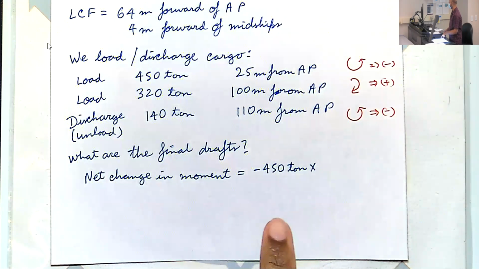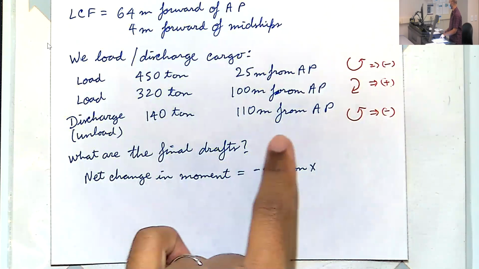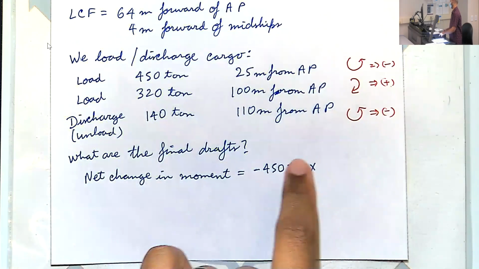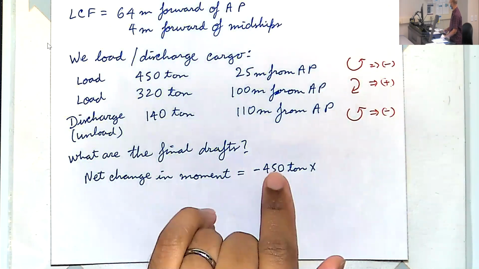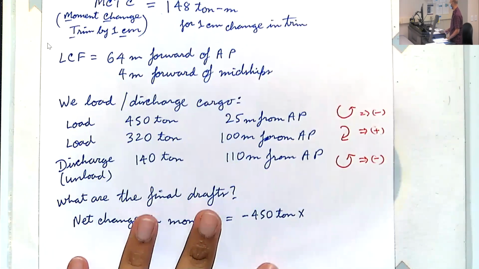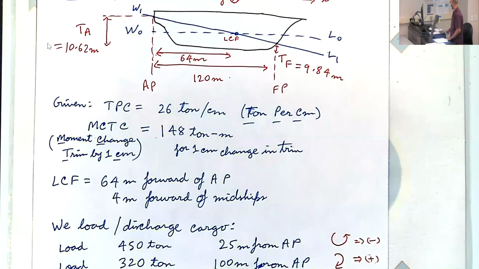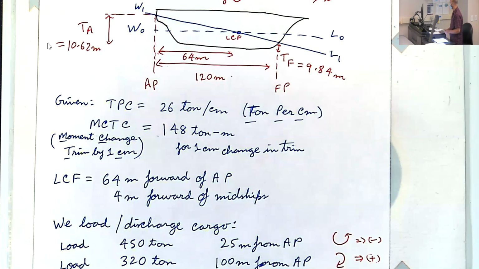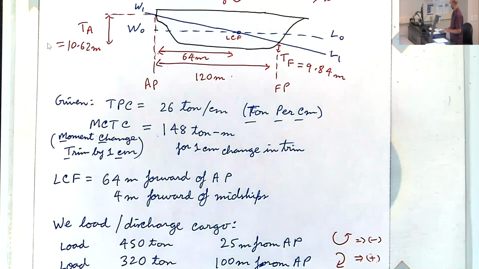We need force times moment arm. You could change this ton to kilogram and then to Newton, but fine, let's keep this as ton for the time being. So weight times distance. What is the distance? 39 meters, because it's the distance from the LCF.